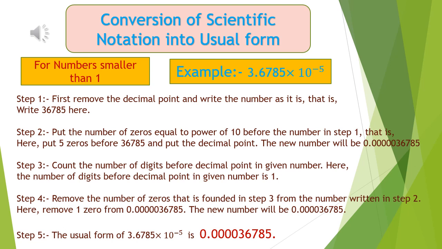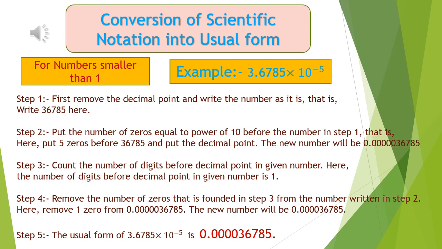Now step 3. Count the number of digits before the decimal point in the given number. The given number is 3.6785. How many digits before the decimal? See here, we are putting zeros and counting the digits before the decimal, and in the earlier example, which was a number greater than 1, we were doing all the things after the decimal.